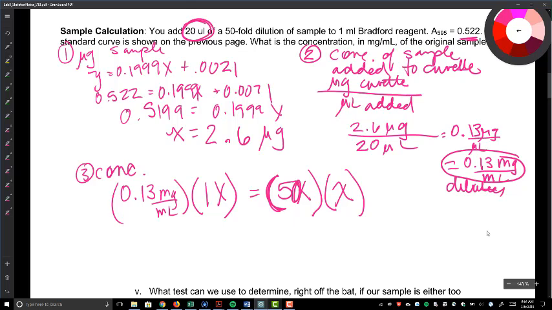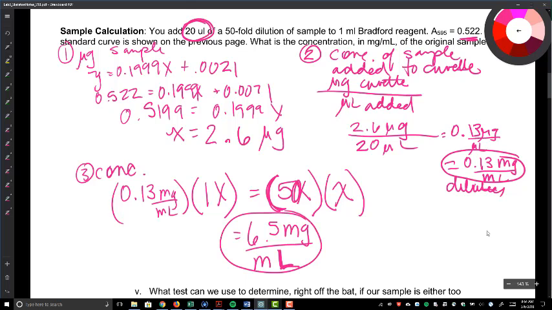So that would turn out to be 0.13 mgs per mil times 1 is equal to 50-fold times X concentration. So that would be equal to 0.13 times 50, and that would be 6.5 milligrams per mil. And that's our stock concentration.